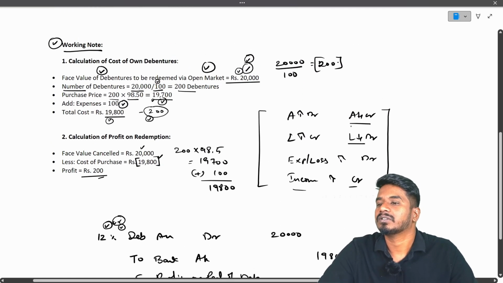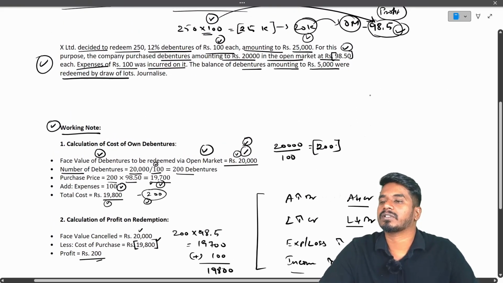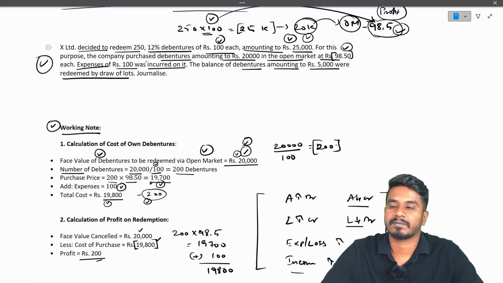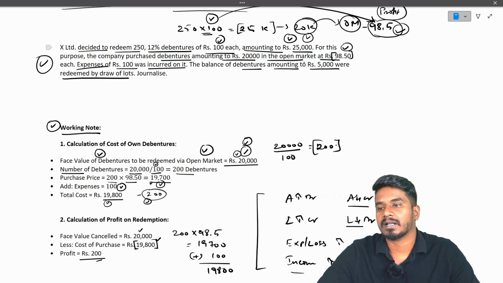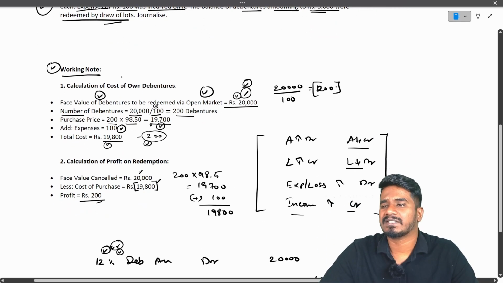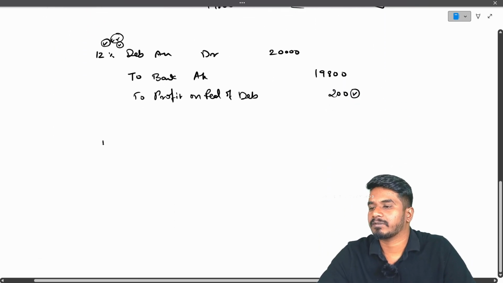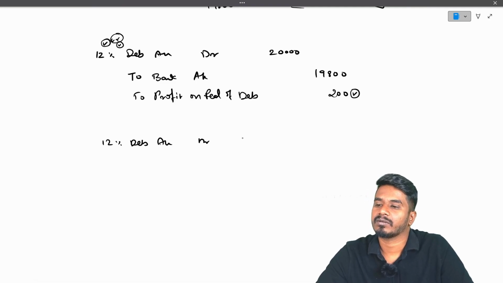Now we come to the remaining 5,000. 25,000 worth of debentures was there. Out of that, 20,000 worth we bought from the open market, and the remaining 5,000 by draw of lots, which is a normal usual entry. So the 12% debenture account will get debited for 5,000.